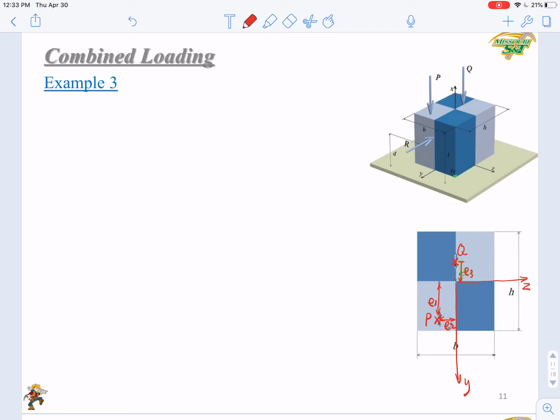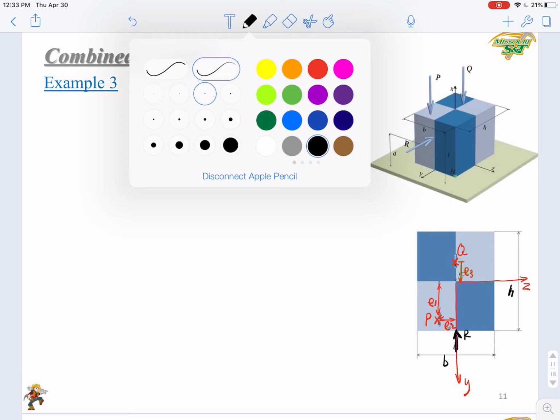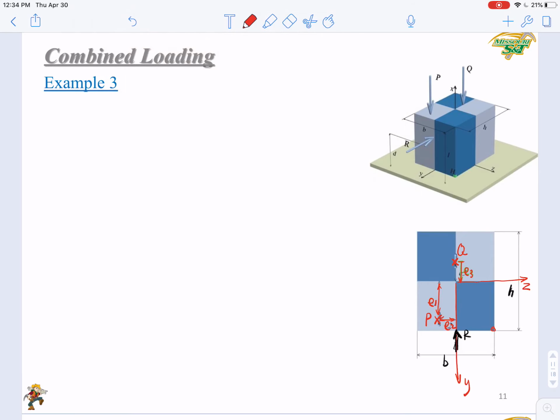The third loading R is here. Okay, here is a B, and here is the H. Okay, so this is the sketch of the cross section. Now we can do further analysis based on this cross section. Of course, our target point H. Point H is here.